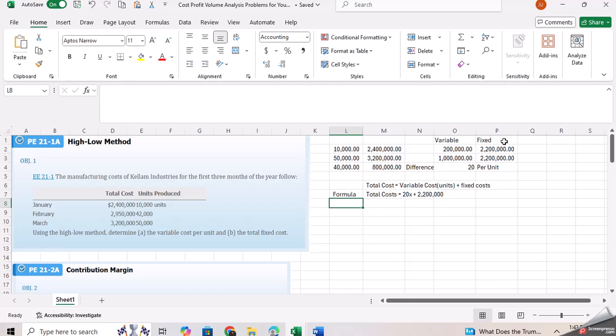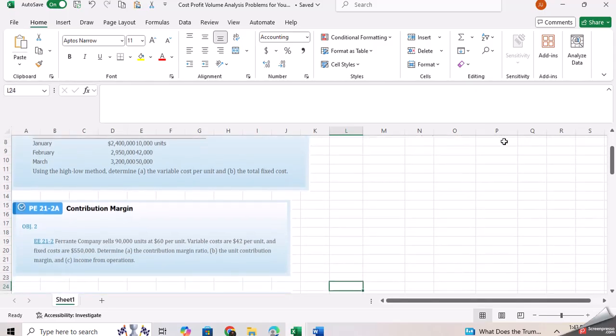If I sold 100,000 units, then I would put in 100,000 where that X is. So 20 times 100,000 would give me 2 million plus the 2.2 million, and then I'd have 4.2 million. So then you use that to estimate the costs at any level of production.